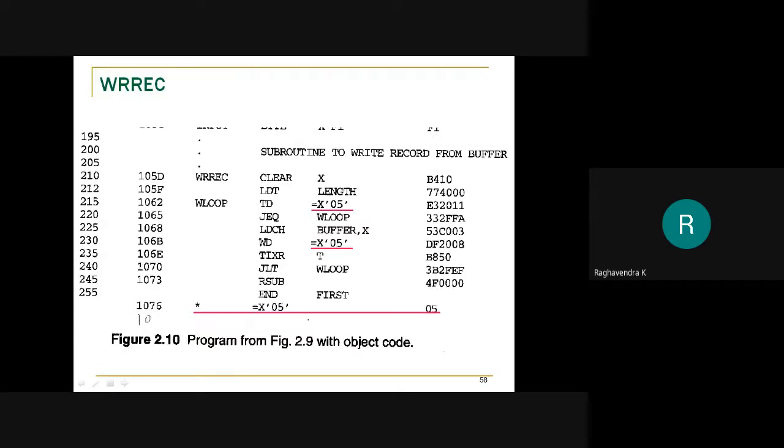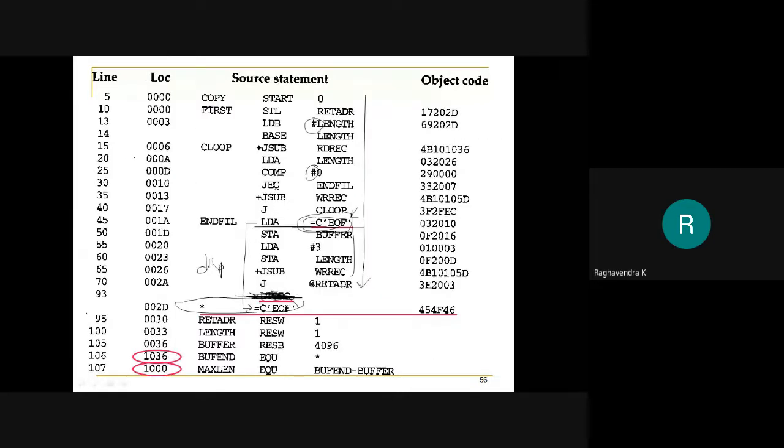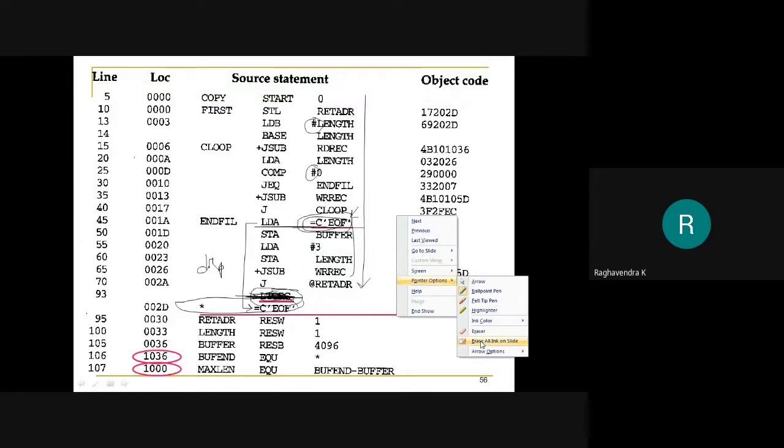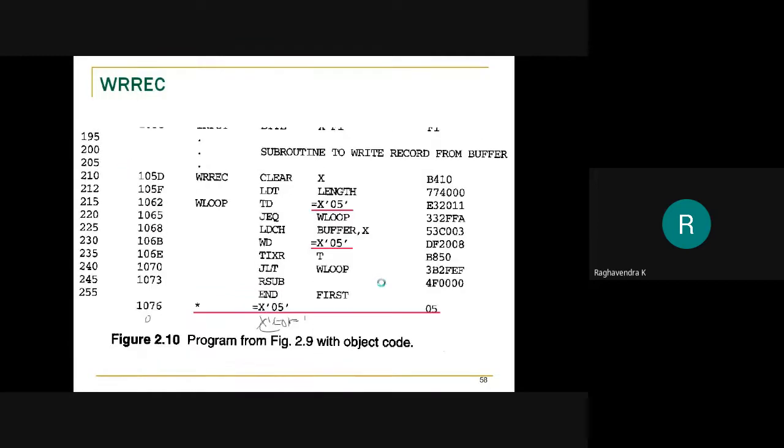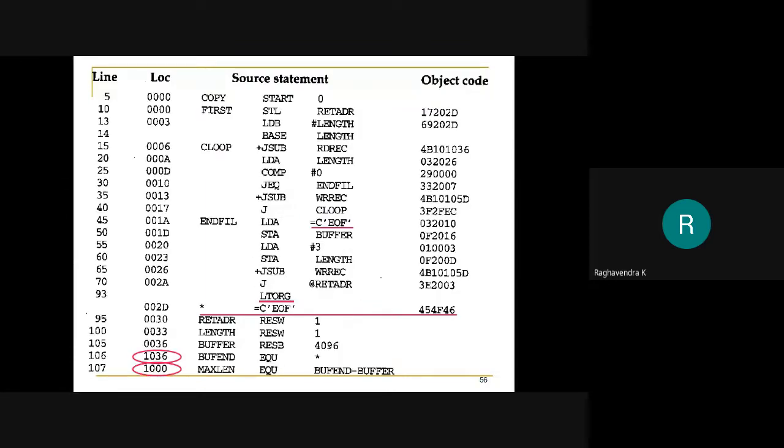Maybe before this, the CEOF would have been generated, so how far away it would have been from the instruction. This is the advantage of using the LTORG statement. That is how literals are handled and ensured to be closer to the instruction by making use of the LTORG assembler directive.